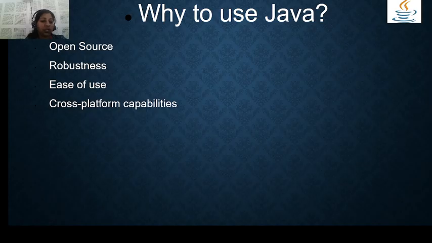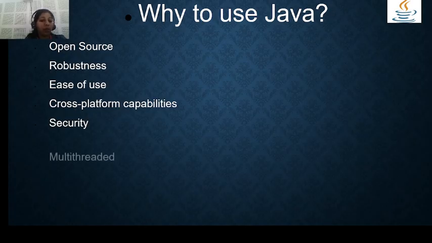It is easy because it is object oriented and derived from C and C++. And as it is platform independent, it has cross platform capabilities, so it can run on different operating systems or different platforms.